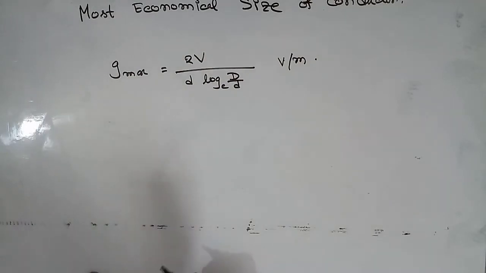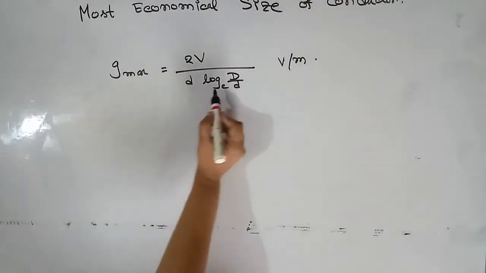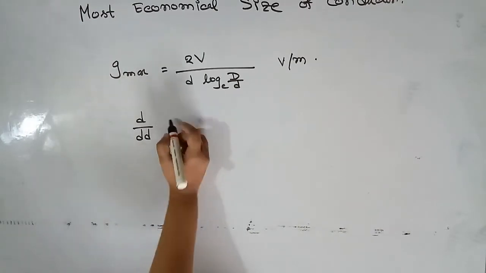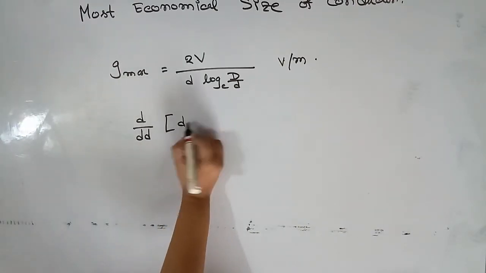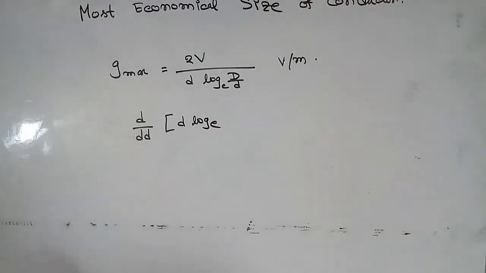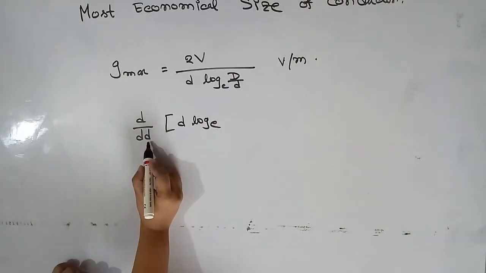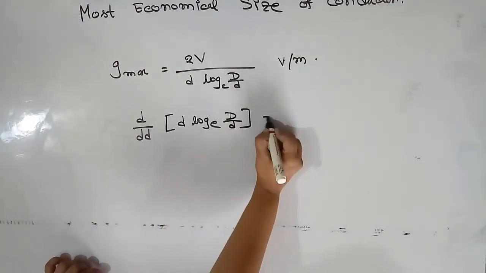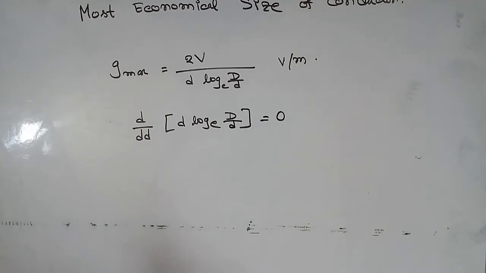So for maximum value of d log e D by d, we take the derivative with respect to small d, that is the conductor diameter, because this is the only variable, and the first derivative should be equal to 0, so we get the maximum value.